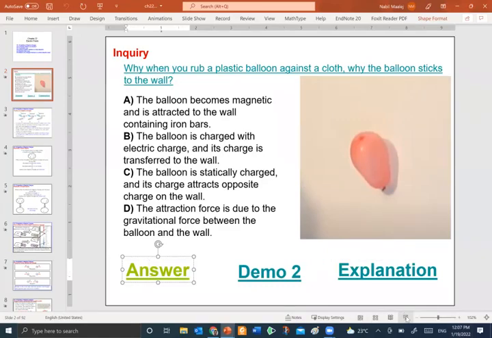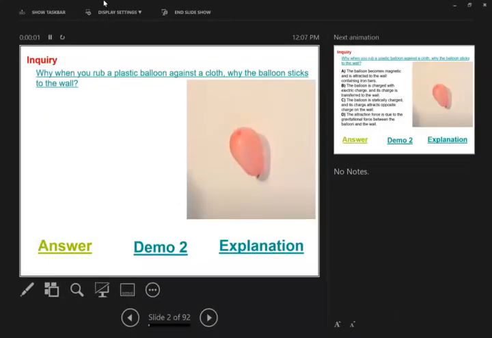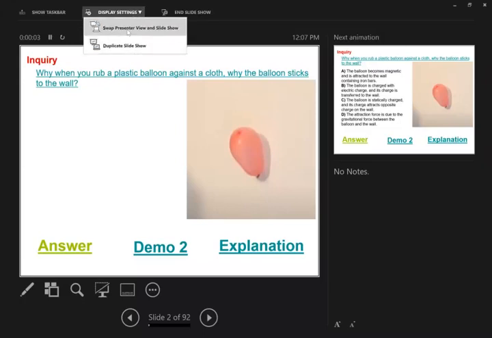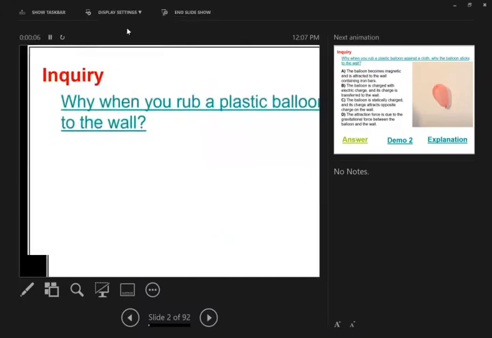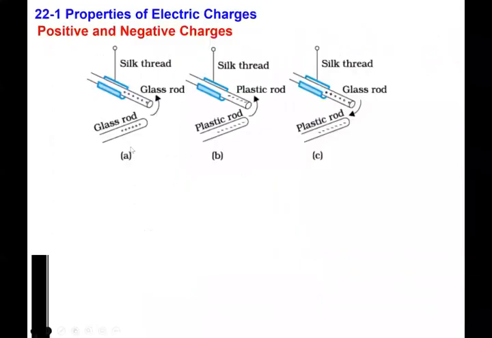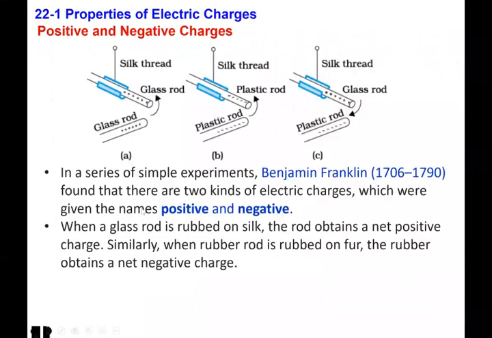So actually this experiment is not a new experiment. This was done by Benjamin Franklin, who lived in the 1700s.